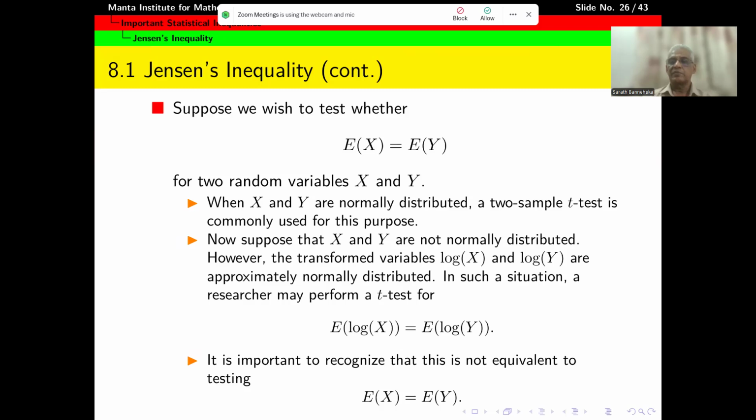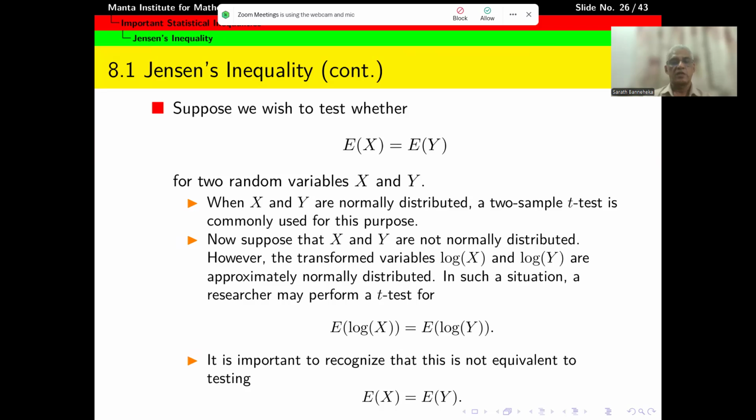But I have seen in many situations people making this error. So what is this error? Suppose somebody wants to check whether the mean of one random variable is equal to the mean of another random variable, right? The mean of X, that is expected value of X, equal to the mean of another random variable, expected value of Y.